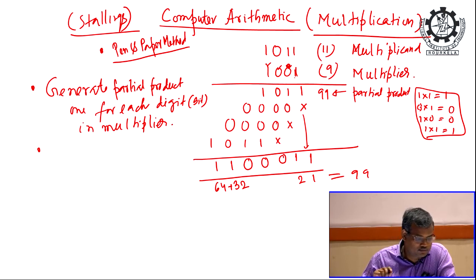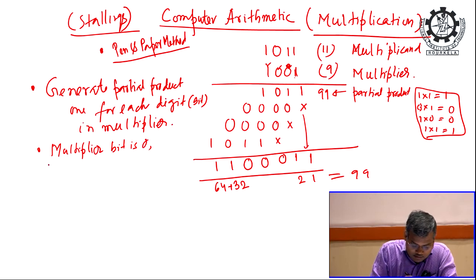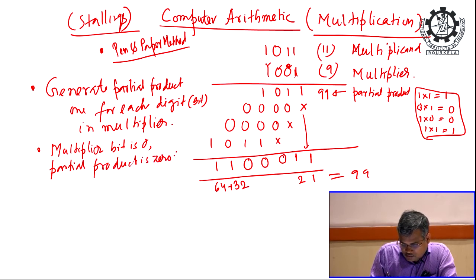So, when the multiplier bit is 0, the partial product is also 0. If 1, then the partial product, PP, is nothing but the multiplicand.